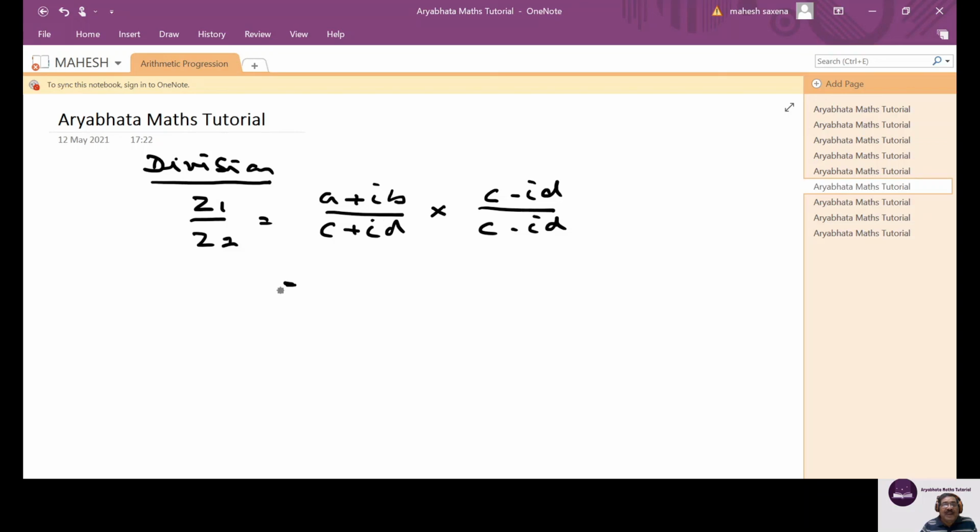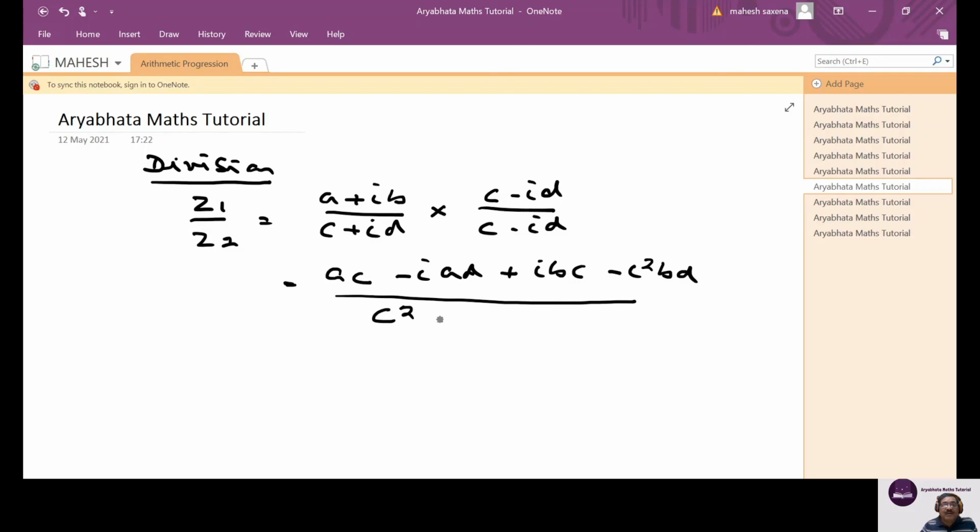It will be ac minus iad plus ibc minus i square bd upon c square minus i square d square.